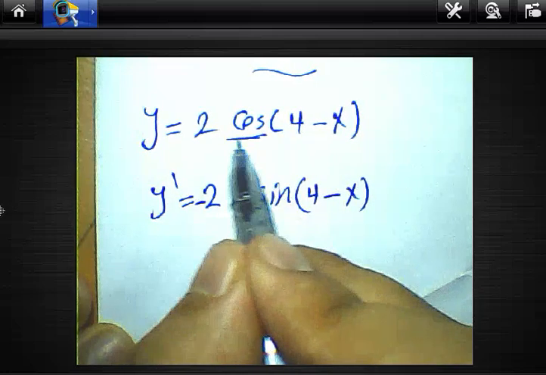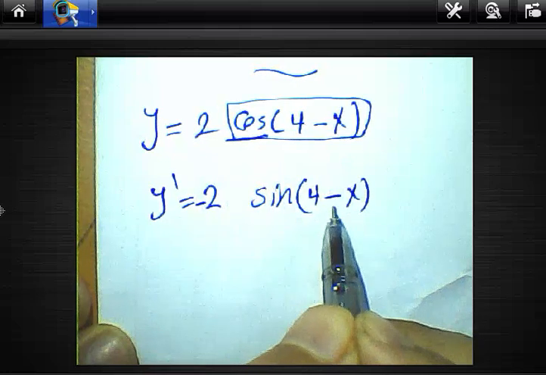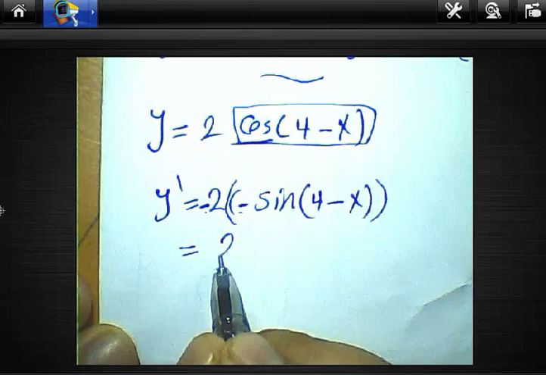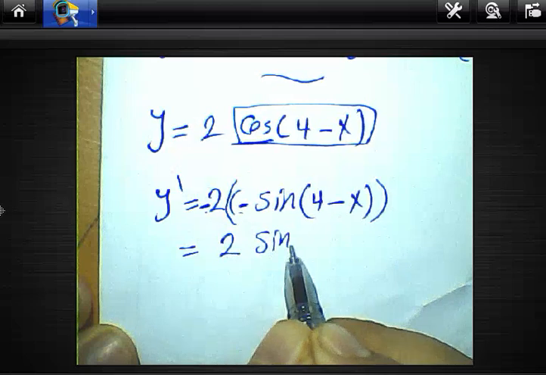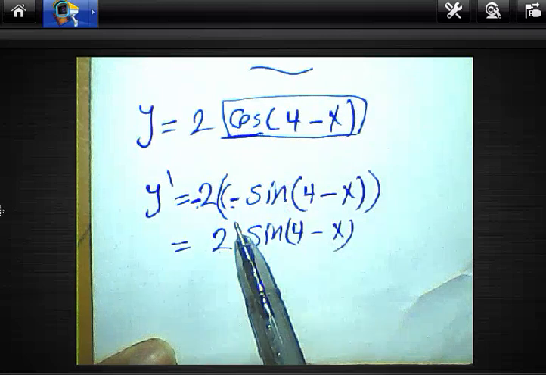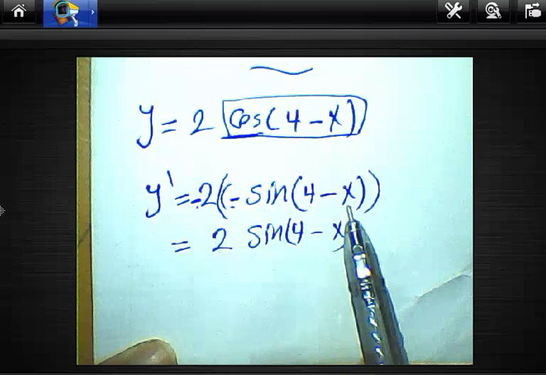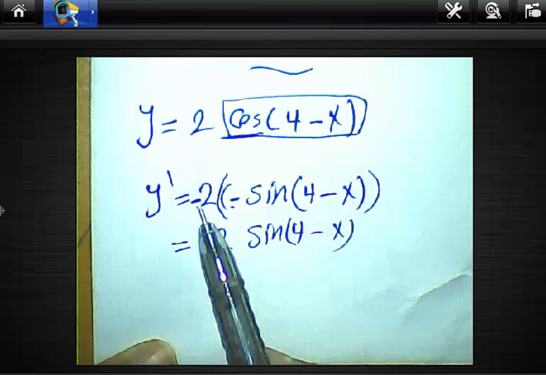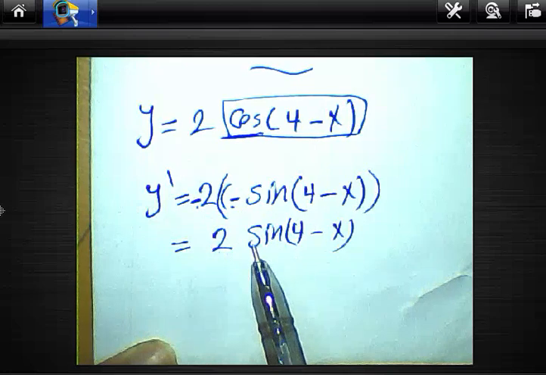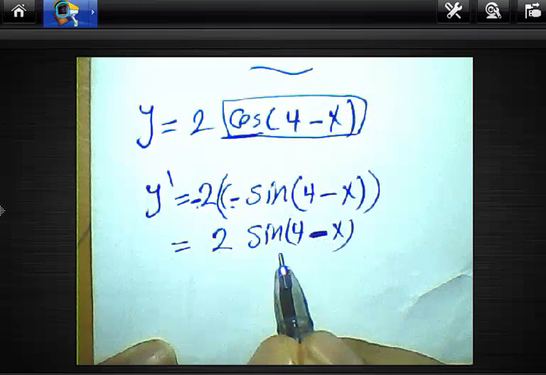Again, the derivative of cosine will be negative sine 4 subtract x, and write 2 outside. And then the derivative of this angle negative x will be negative. So negative multiply negative equal positive. So the result will be 2 multiply sine 4 subtract x. Okay, the result will be 2 sine 4 minus x.